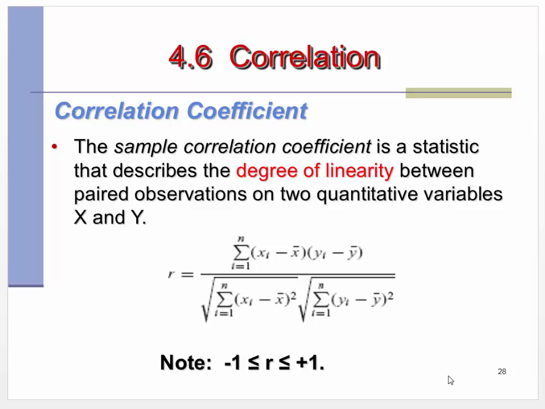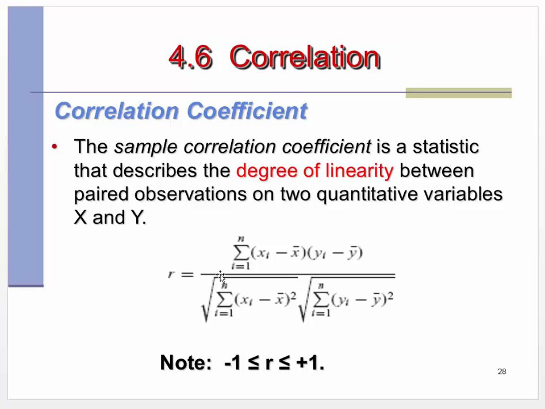Say, for example, x is your income and y is your education. We know for sure education and income are correlated, meaning if you have more education, your lifelong earnings will be higher. That's why you are all attending college here, right?